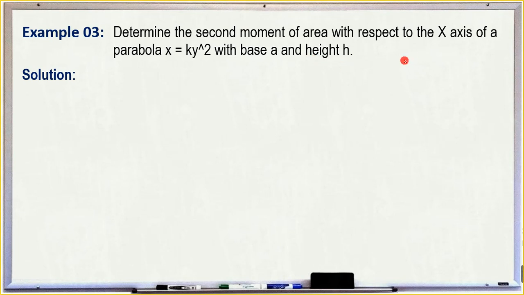For those who have just started attending or have not yet seen the previous video, the moment of inertia or the second moment of area, denoted as I, is equal to the square of its distance, that is r squared, times its area.